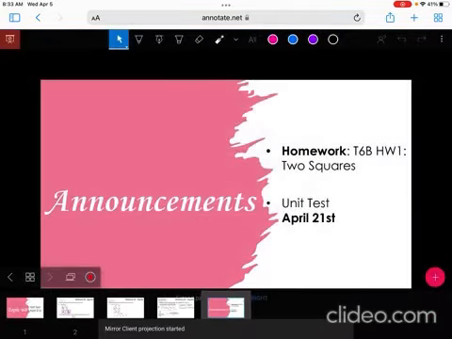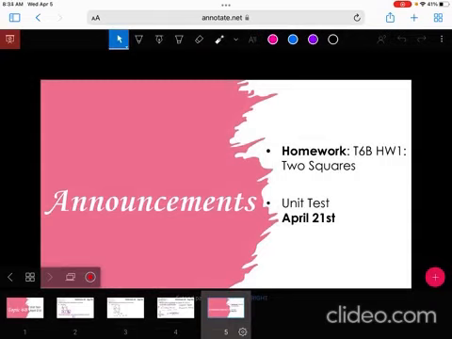And then our homework, 6B homework 1, also known as 6 homework 5, is page 104. It is a single question that I ask you to solve as many ways as you can. It is also on Canvas.